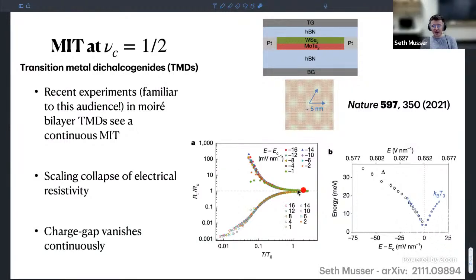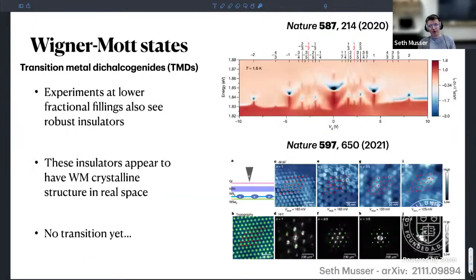And what they see is a scaling collapse of electrical resistivity, and they see a continuously vanishing charge gap with some critical exponent. So those are the kind of things we're looking for, but this is at 1/2 filling, so there's no translational symmetry breaking. What about fractional fillings?